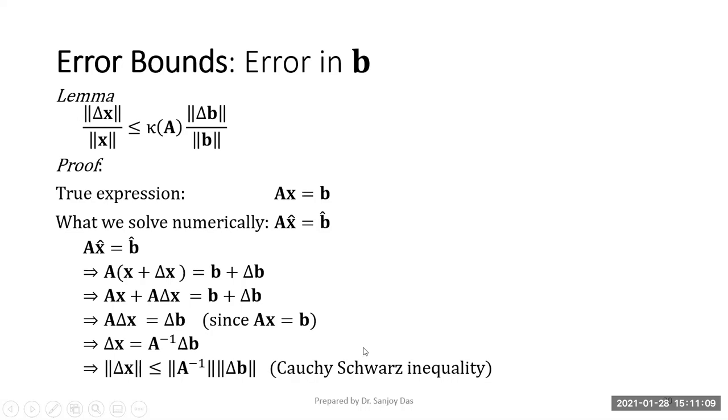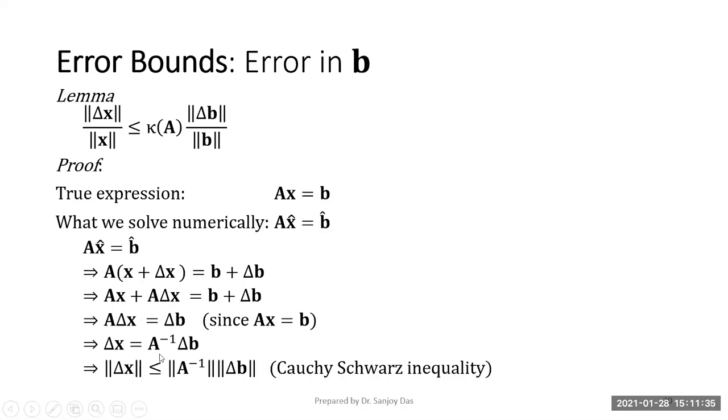Okay. Now let's apply the Cauchy-Schwarz inequality on this side. If you take the norm of the product of two matrices or matrix and vector, whatever, a vector is a kind of matrix, right? The norm of the product will be less than or equal to the product of their individual norms.